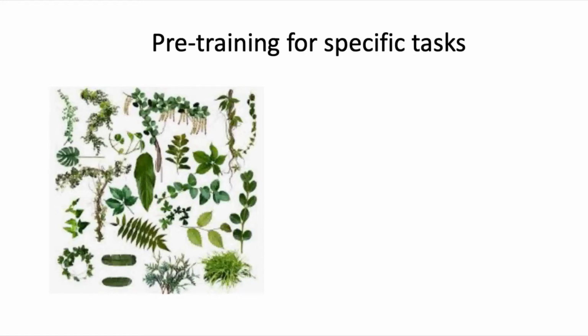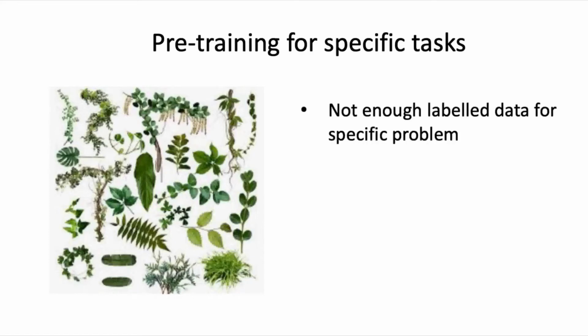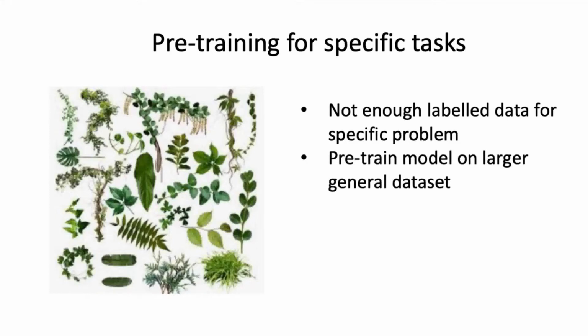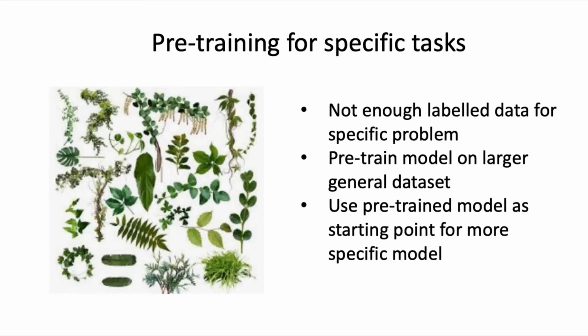What pre-training means is that we train a model to solve a more general problem that we do have the data for, before fine-tuning our neural network to specialize for our more specific problem, for which we only have a smaller labeled dataset. Training a model on an existing larger but less specialized dataset first allows the models to find basic feature representations that can then be fine-tuned for our specific problem.